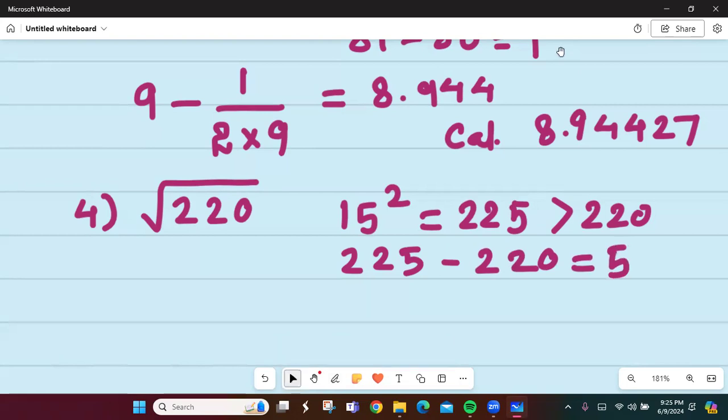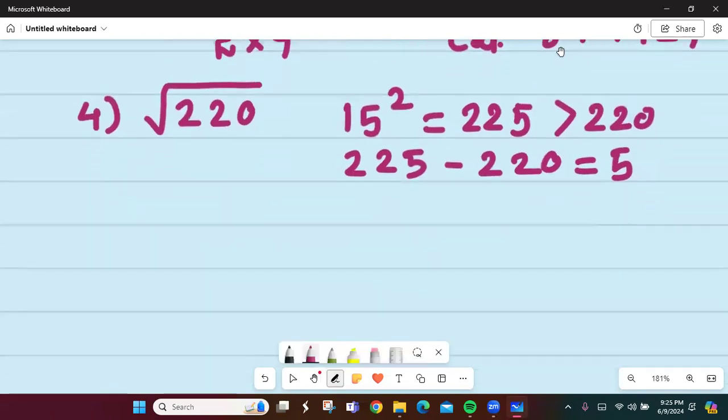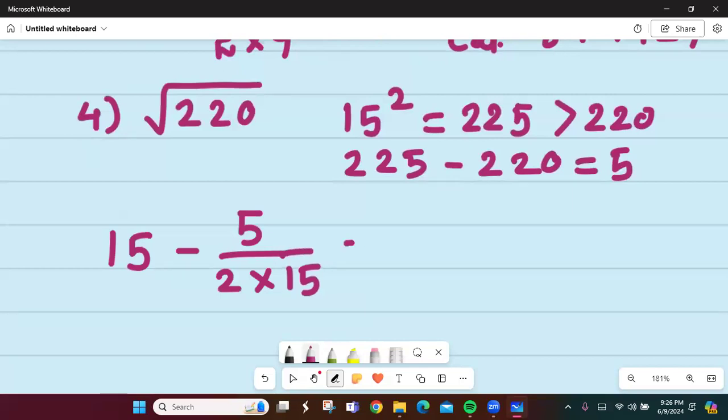So now write these numbers. First write 15. Now since 225 is greater than 220, write a negative sign here. The difference 5 you write here, divide by 2 and multiply by 15, since this is 15 square. So that gives 14.833.